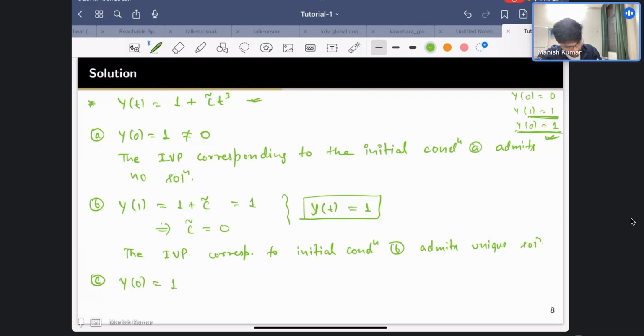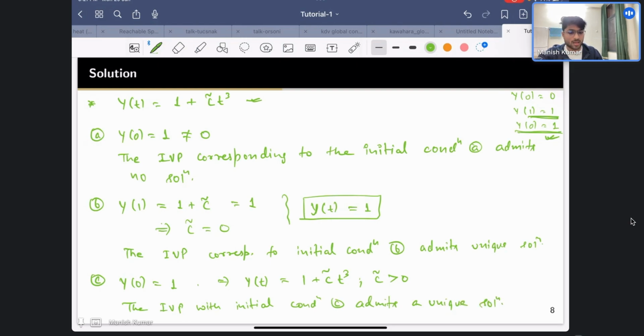In this case the solution is y(t) equal to 1 plus c tilde t cube, where c tilde is any real number, right? So here we are getting infinite solutions. So the IVP with initial condition C admits a unique solution.